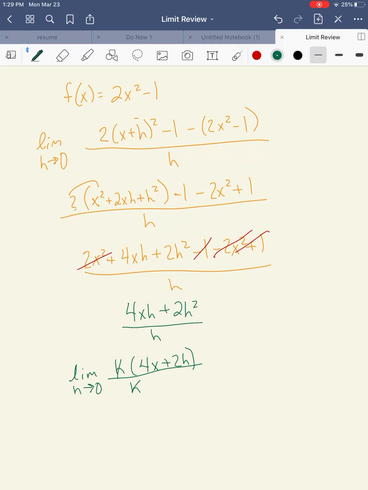Cancel out the h's. That gives me 4x plus 2h. I need to evaluate the h at 0. So 4x plus 2 times 0, which just leaves me with 4x. So my expression for my gradient line is 4x.